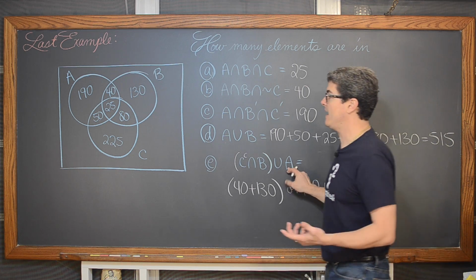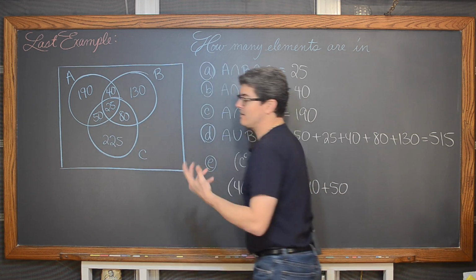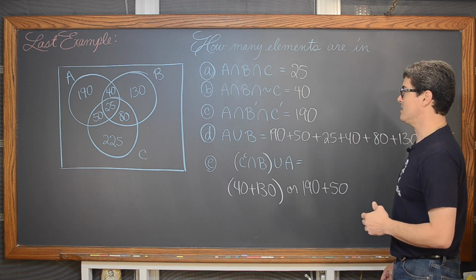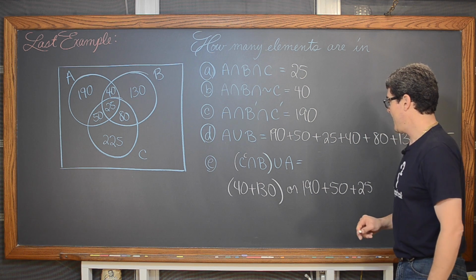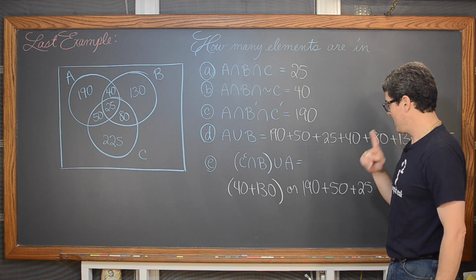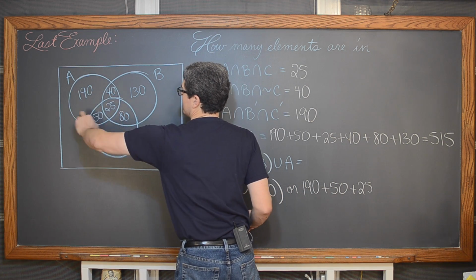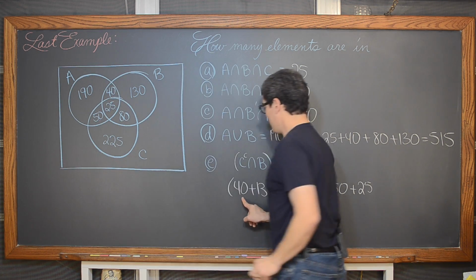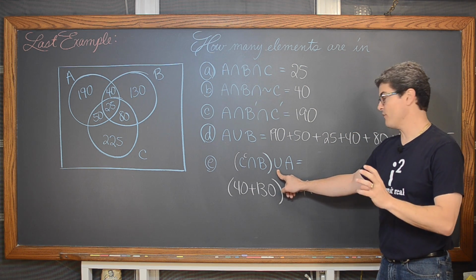Now I'm just looking at A, and the or A does not have any conditions about not including values that are in C. So that's going to be the 50 and the 25. And again, I am not including the 40 as an element of set A, simply because we've already counted it once, and I don't want to, with this or, count the overlap twice.